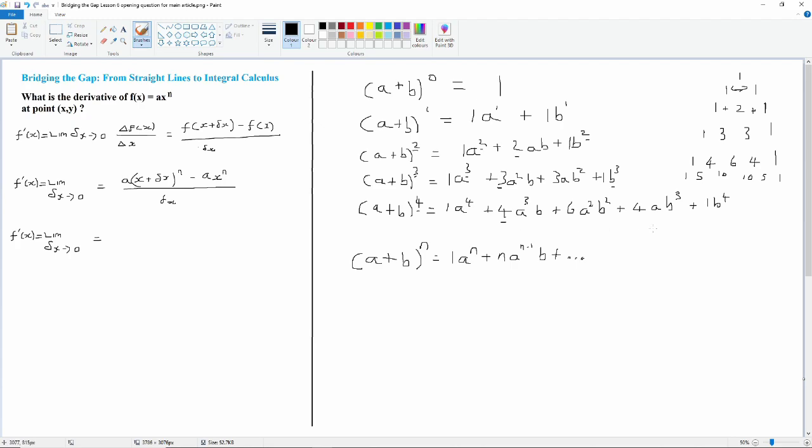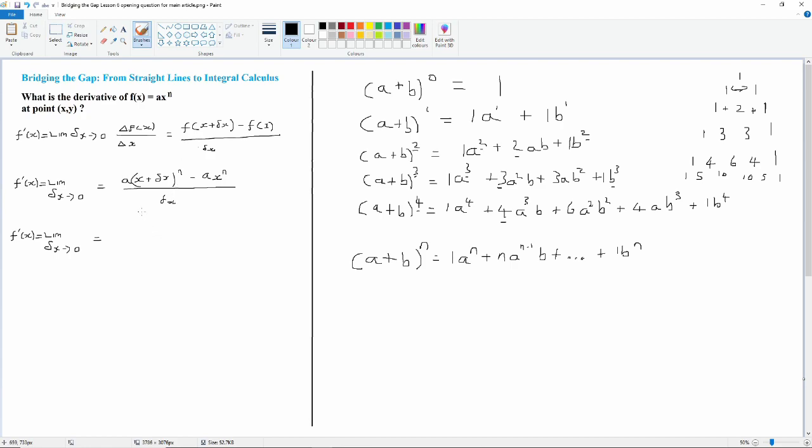That's just a large number of other terms, with a constantly going down by a power and b going up a power, and we don't care what the middle bits are, plus 1 times b to the power n, which is how it will end. So this is our expanded form of (a + b) to the power n.